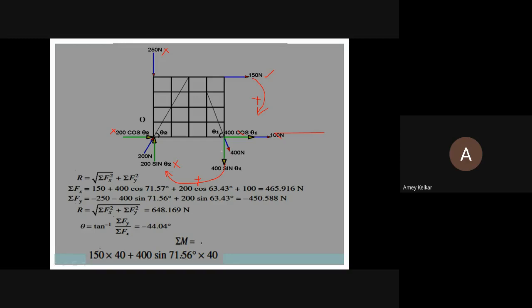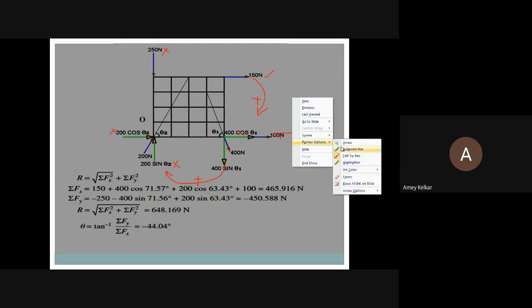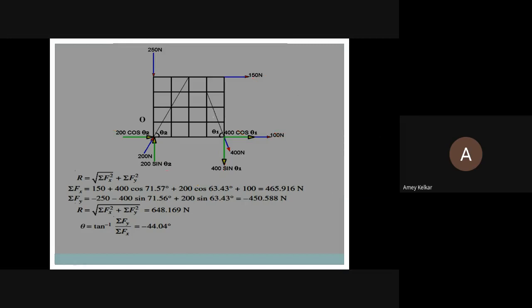Important thing: we find so many forces acting and you may be worried. But the good thing is this passes through point O, 250 extended passes through point O, and 400 cos theta 1 and 100 both extended pass through point O. So these forces will not cause any rotational action.